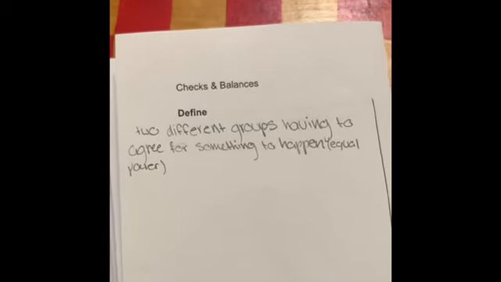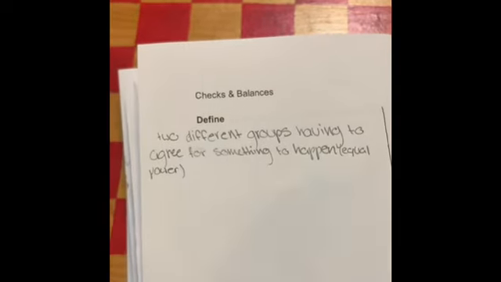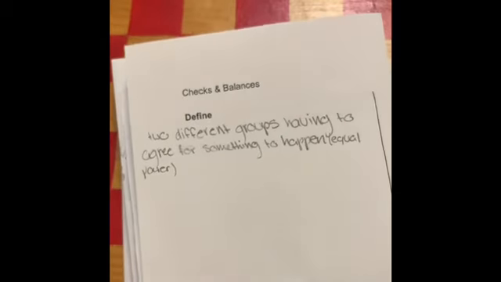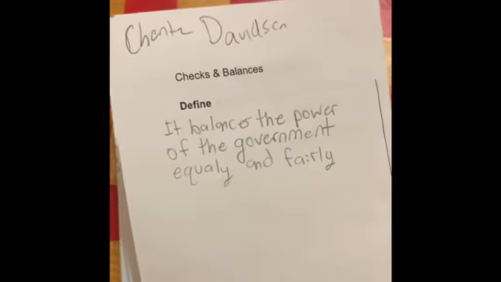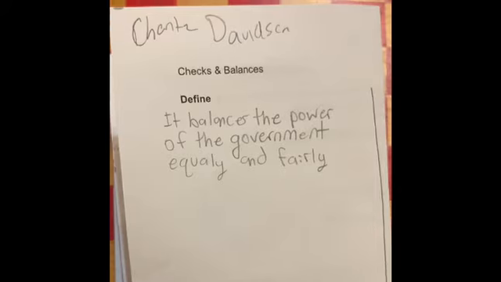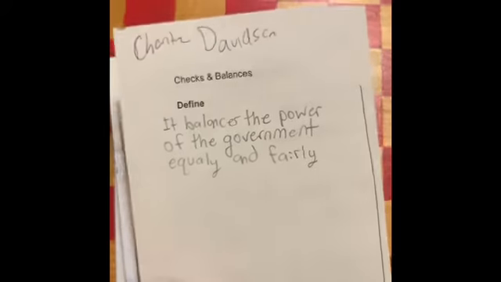Maybe not always agree, but they can't disagree. If one group doesn't like what the other group's doing, it's probably going to end up getting checked and stopped. And the third one here, the definition, is that it balances the power of government equally and fairly. It makes sure that no one group has too much power.